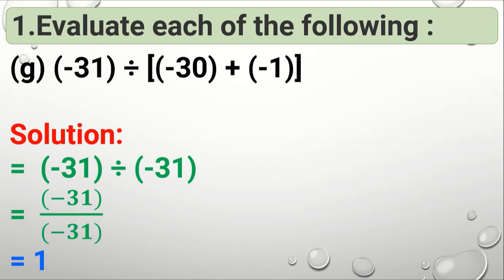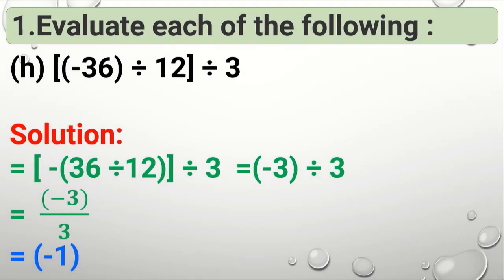Next, minus 31 divided by minus 30 plus minus 1. So minus plus minus 1, so it is plus minus minus. So minus 30 minus 1 will become minus 31. So we will take minus as common. So minus 31 upon minus 31. So it will cut. So our answer is 1.